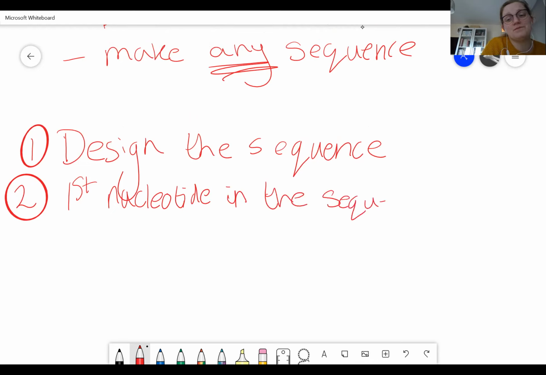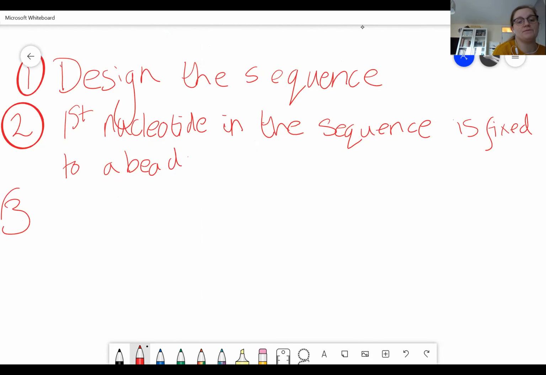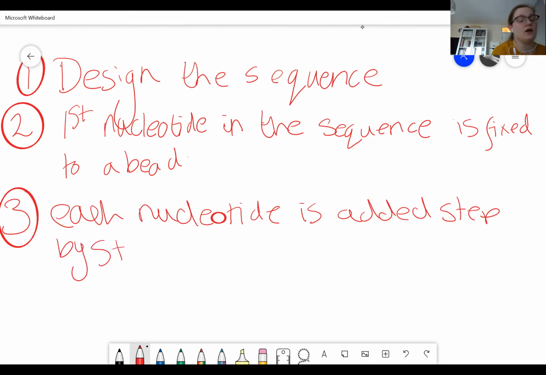We often use a bead. I'm going to use that as this example. The first nucleotide in sequence is fixed to a bead. Then we just go through and add each nucleotide step by step. So we just go along and we add them all step by step in the correct order.